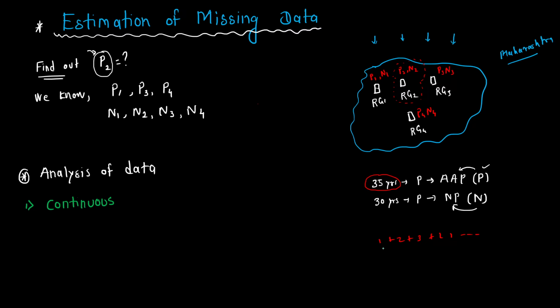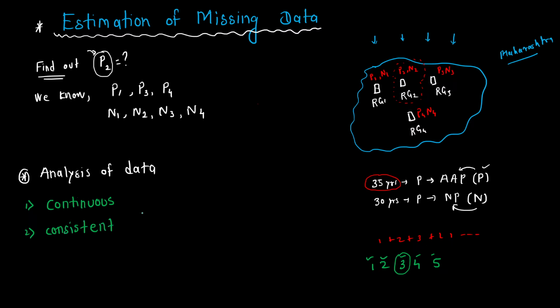If we are seeing the data for the last 5 years, 1, 2, 3, 4 and 5, then we should have the data of all the last 5 years. It is not like that we don't have the third year data, then we cannot say that the data is continuous. So what is the first thing? It should be continuous. And the second one is it should be consistent.